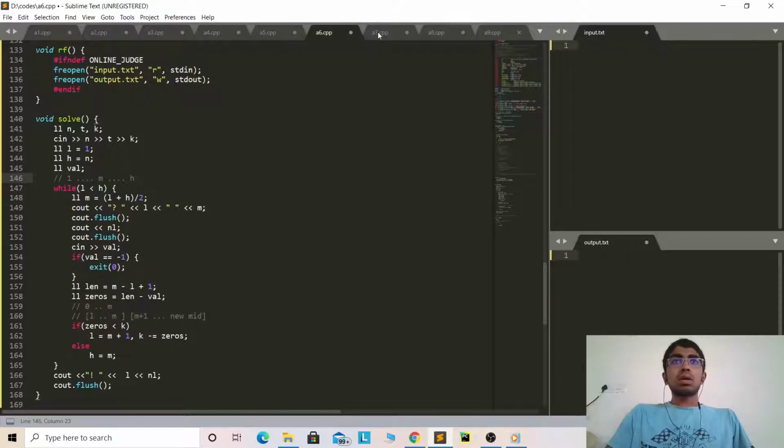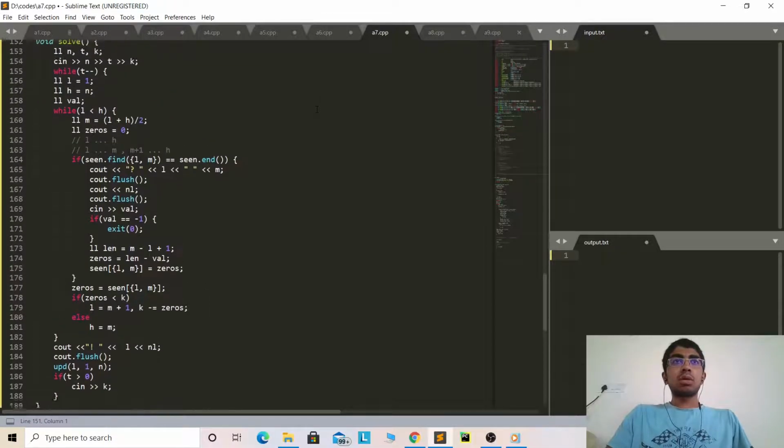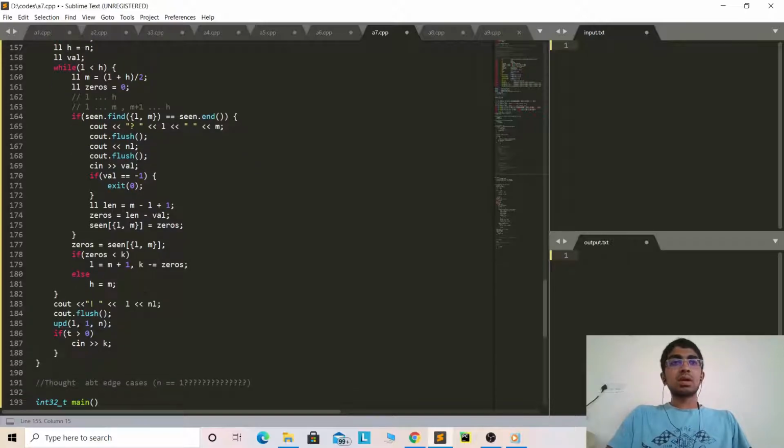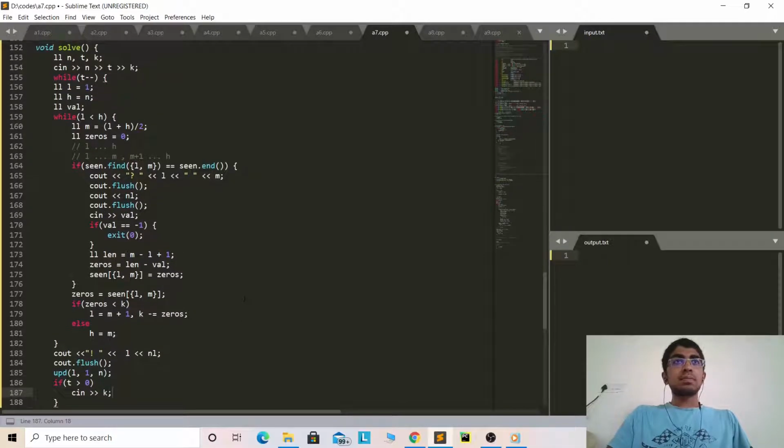Now the extra thing in the F2 problem is that the binary search has to be done t times, and each time we get a new k value, which we input here.